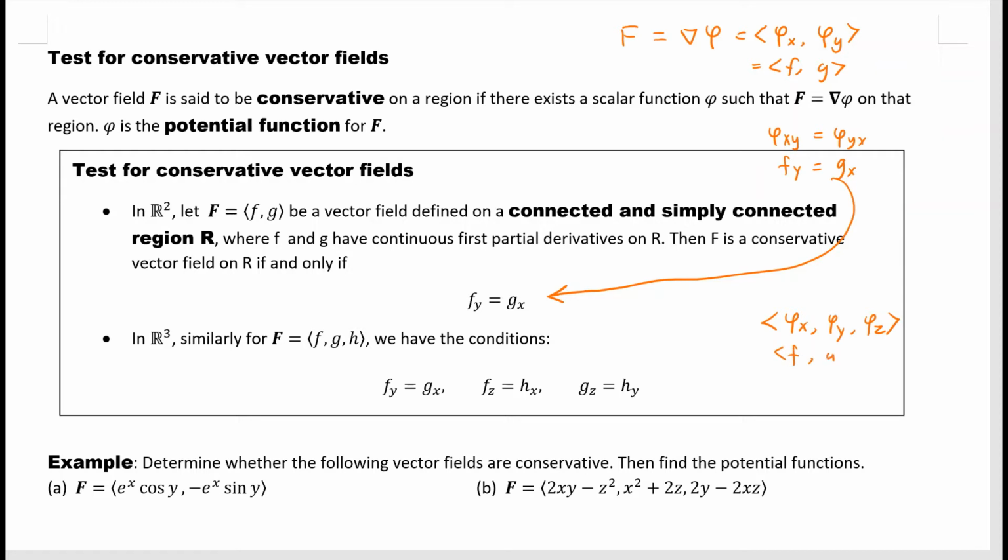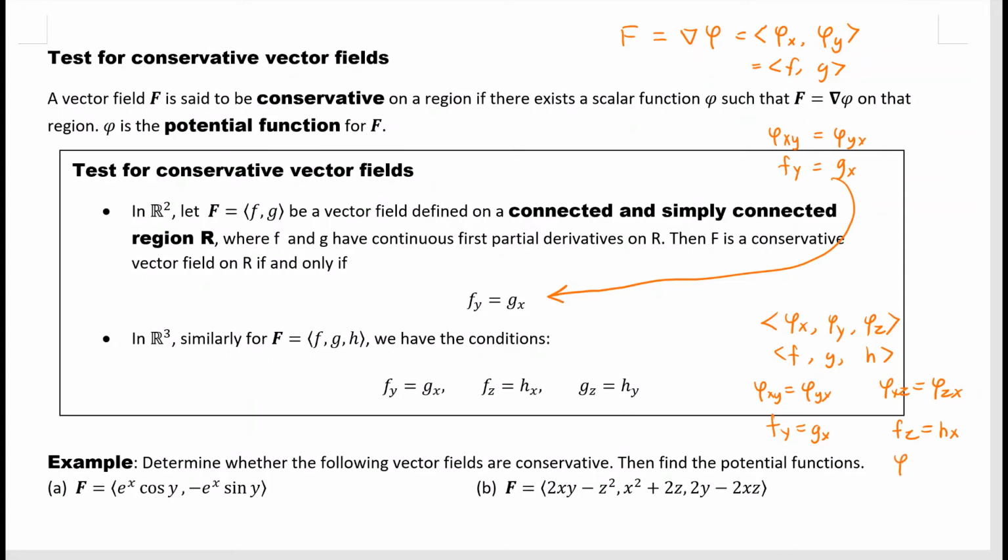We have phi_xy equals phi_yx, which is the same as saying F_y equals G_x. We have phi_xz equals phi_zx, which means F_z equals H_x.